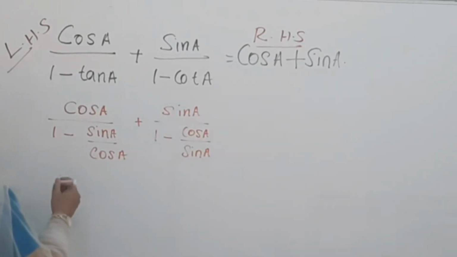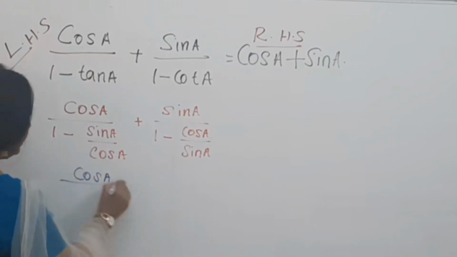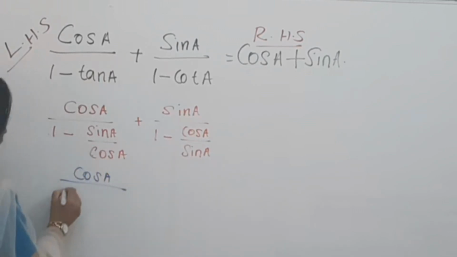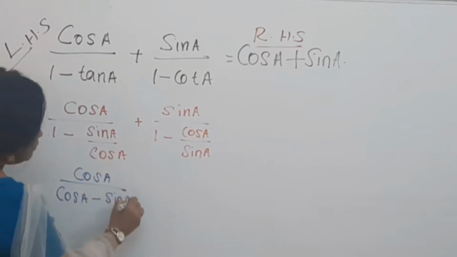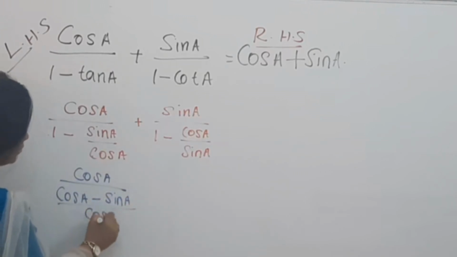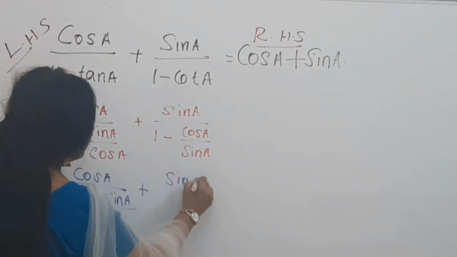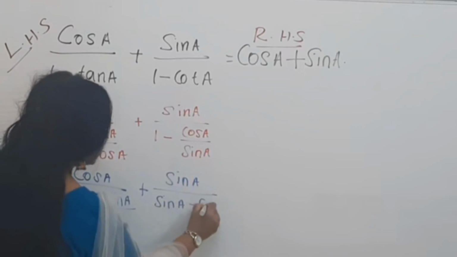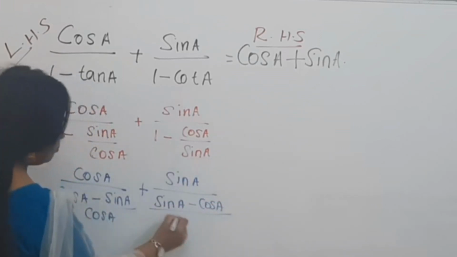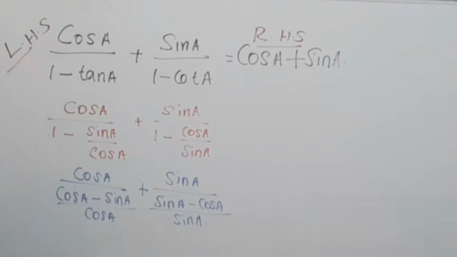Now taking the LCM: cos A divided by (cos A minus sin A) divided by cos A, plus sin A divided by (sin A minus cos A) divided by sin A. Hope you get the point.